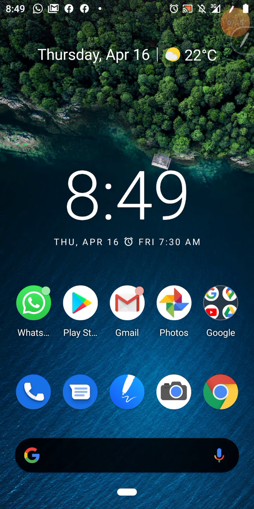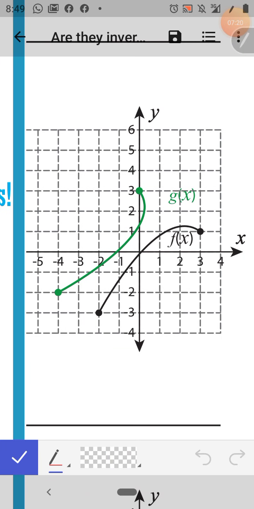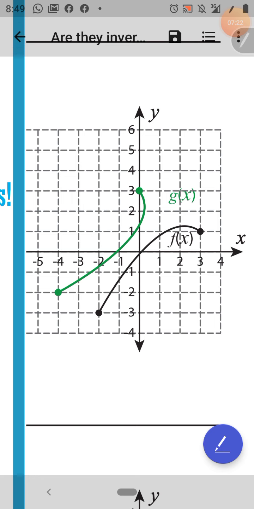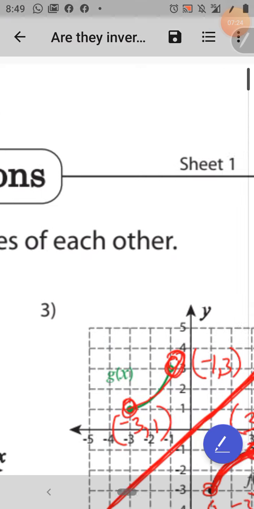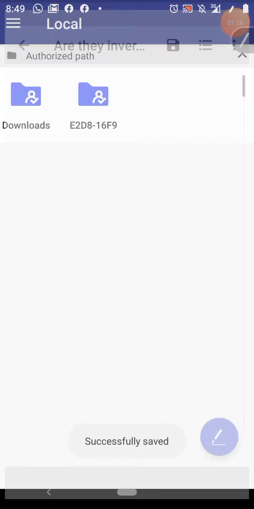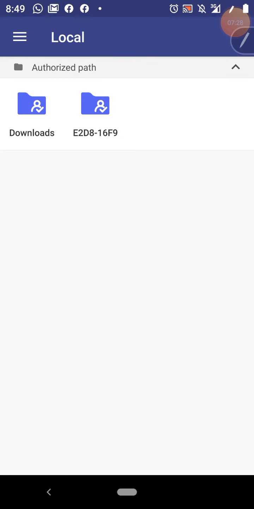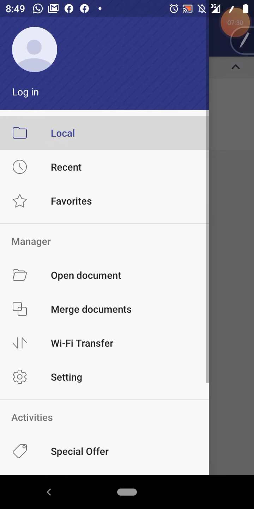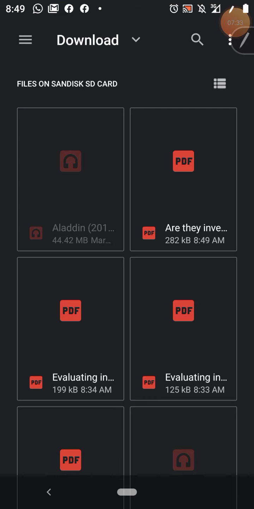The other thing that I wanted to tell you guys about was how to evaluate an inverse function. So if I wanted to determine the value of an inverse function, try this one.